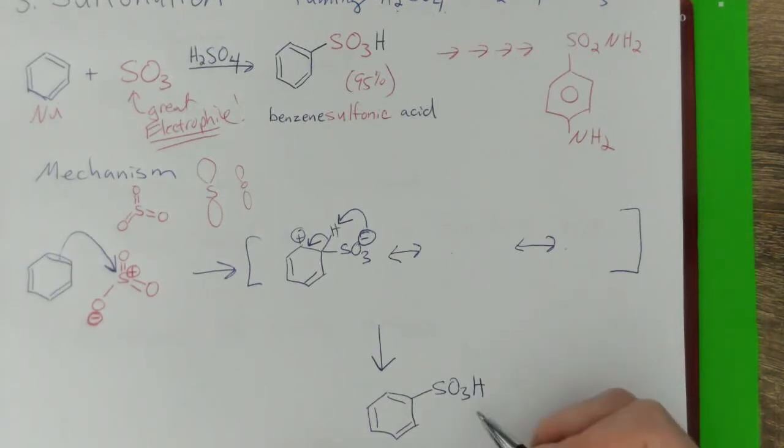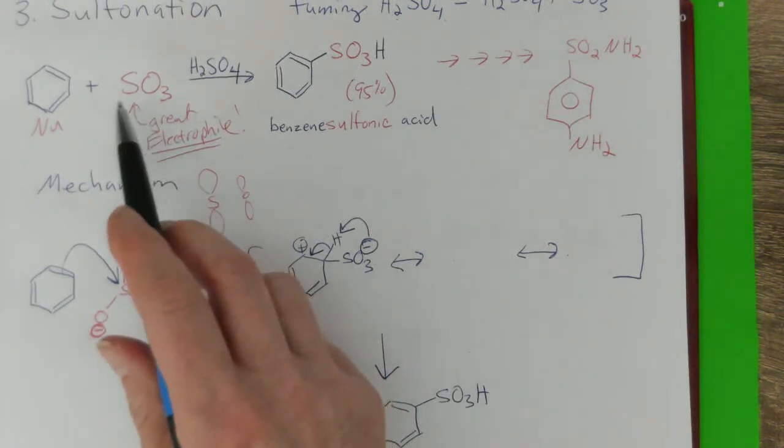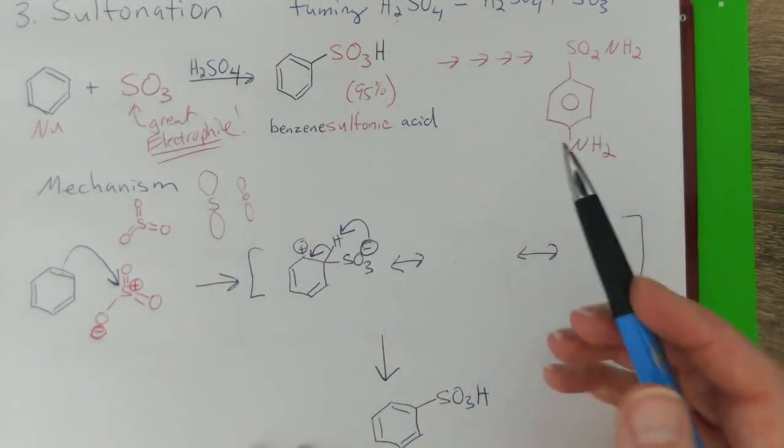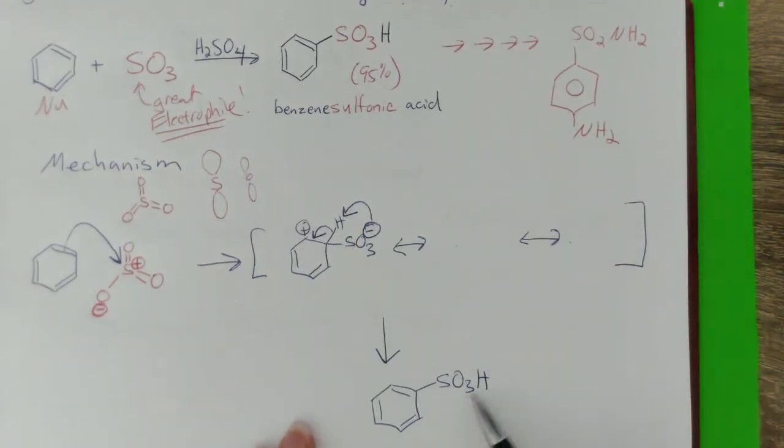And so besides being a great way to start the synthesis of sulfa drugs, which are a type of antibiotic, in the laboratory as an organic chemist, we use this sulfonic acid group as a blocking group because it's easy to put on and it's also easy to take off.